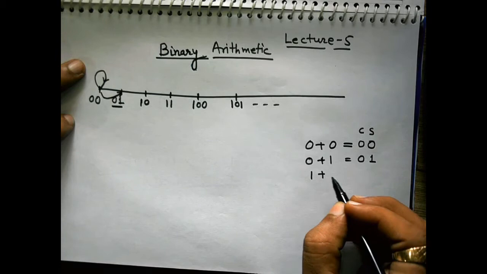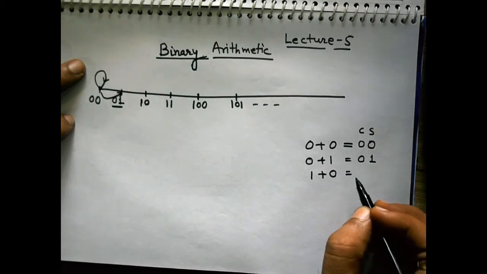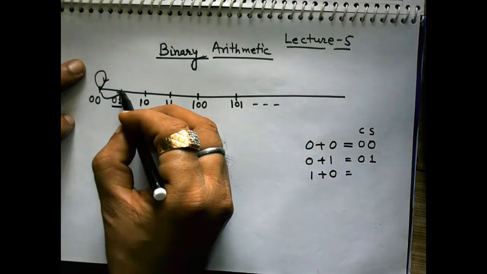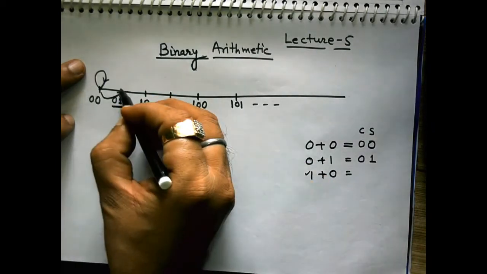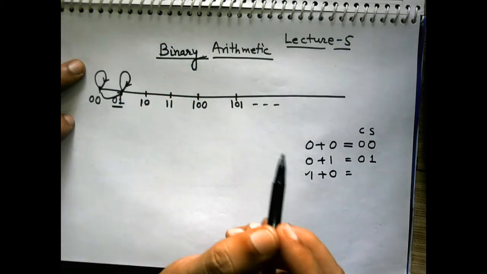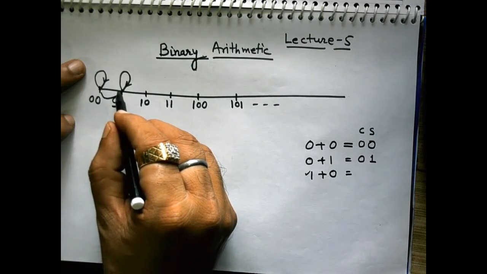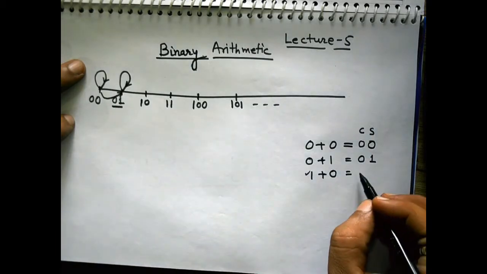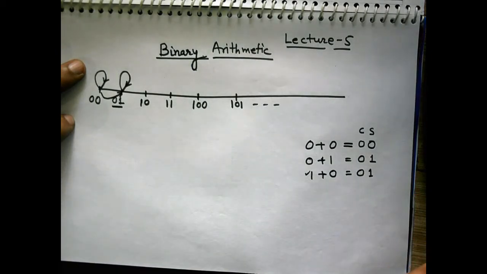If we wish to add 0 with 1, we are already at this position with this 1 and we are just adding 0, means starting our journey from here and ending it here itself, so the sum is 1 and carry is 0.